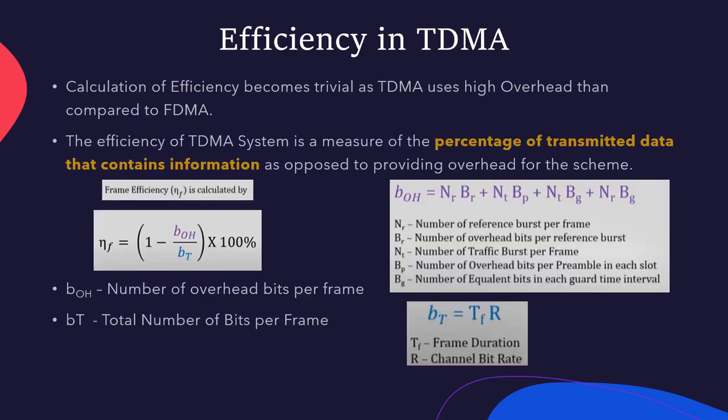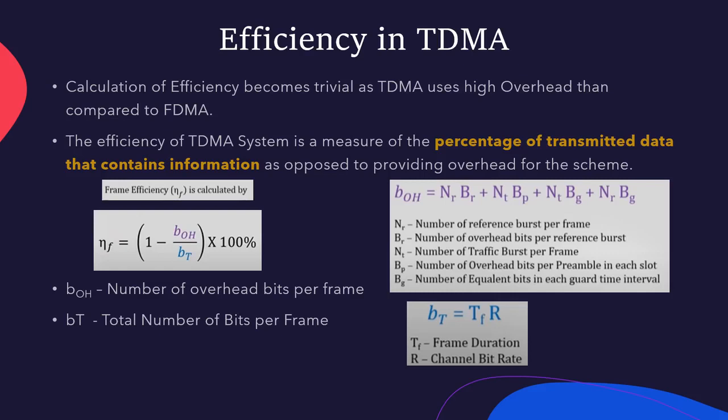Secondly, efficiency in a TDMA system. The calculation of efficiency in a TDMA system is very important because TDMA uses higher overhead compared to FDMA. In an FDMA system, the overhead was very minimal. So the efficiency of a TDMA system completely depends on overhead information.